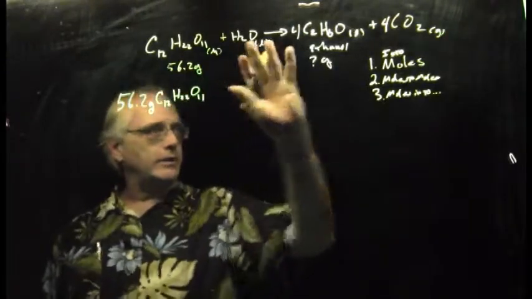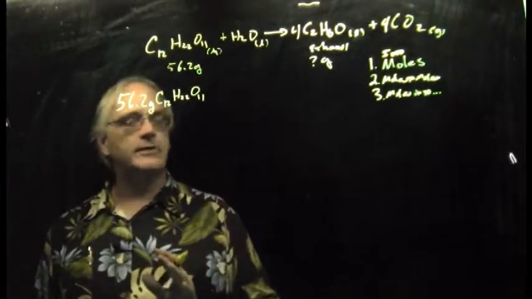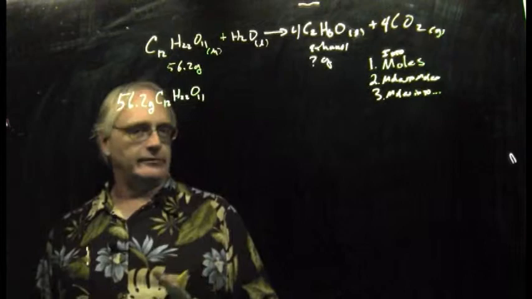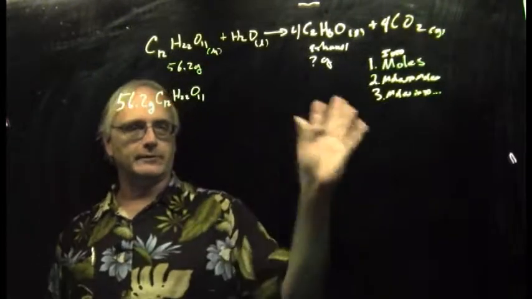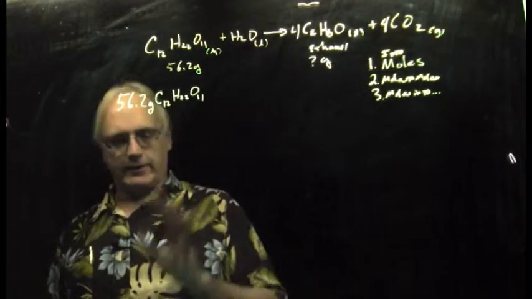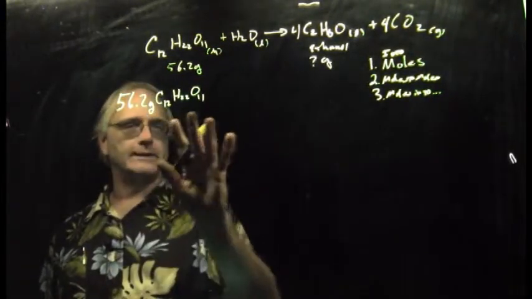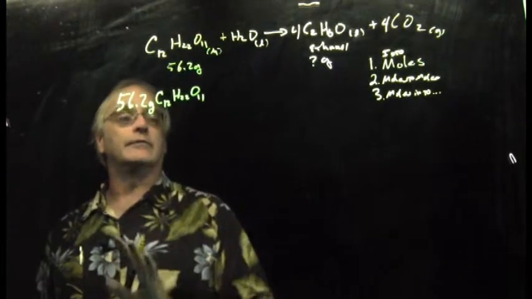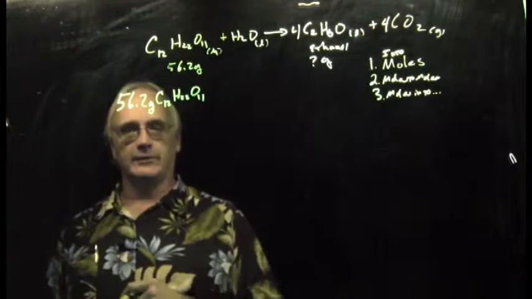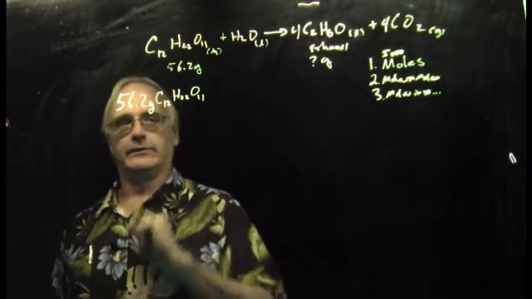And especially when you have lots of different parts of a problem all flying around on a piece of paper, the easiest thing in the world to do is to get it all confused, to have grams and moles and moles and grams of what? You just look at it and you see all these numbers. I strongly urge always to be very careful and write down grams of something. Yes, it takes a few extra seconds to write down the formula of this each time. But boy, it can save your bacon when it's all said and done.